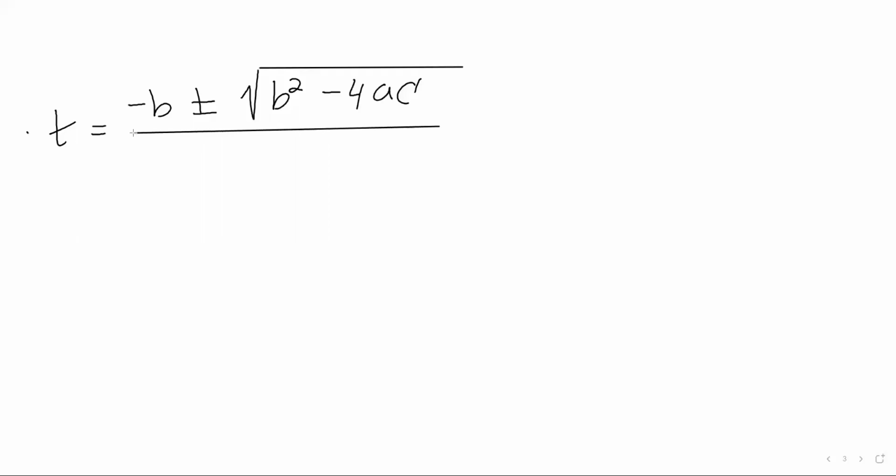So the quadratic formula is negative b plus or minus the square root b squared minus 4ac, all divided by 2a.